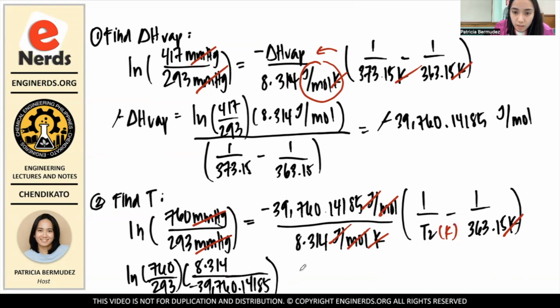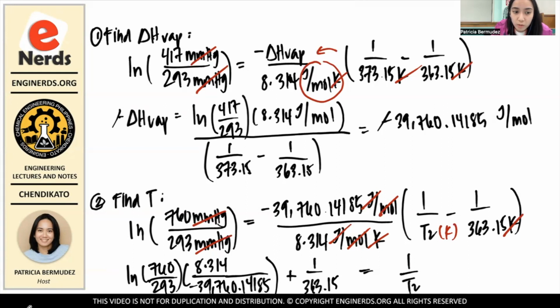And then, ipa-plus natin, kasi ito, tinranspose natin here. If you're gonna transpose this, itatranspose mo yung reciprocal. Okay? So, ngayon, nagawa na natin yan. Ito, ang itatranspose lang natin, itong negative 1 over 363. So, yung negative magiging plus 1 over 363.15. And that would be equal sa 1 over T2.